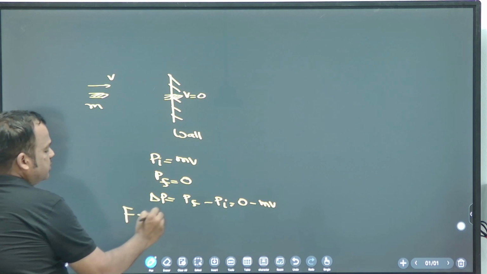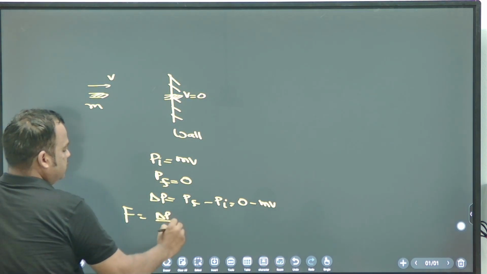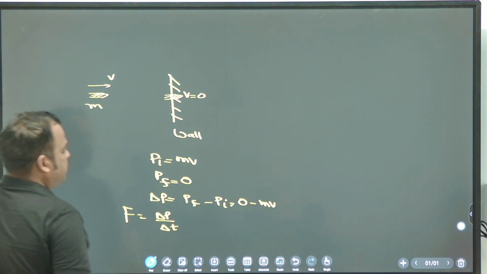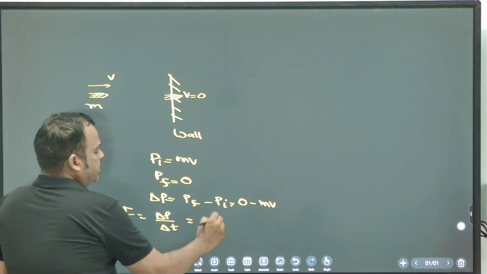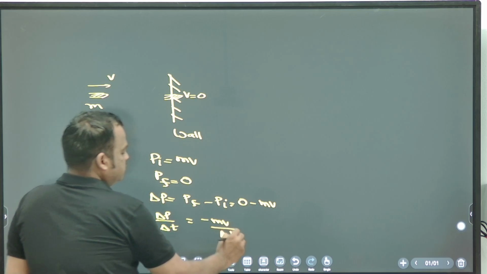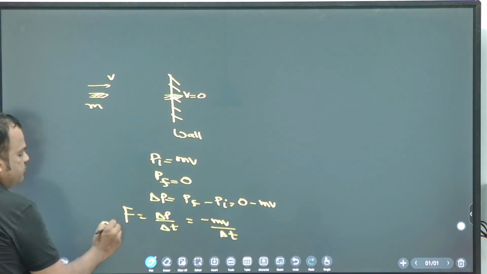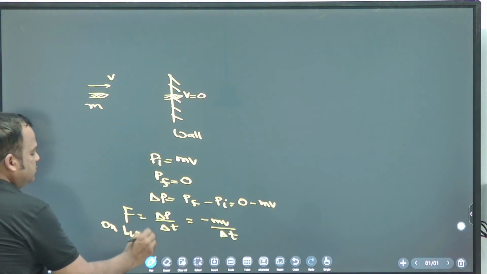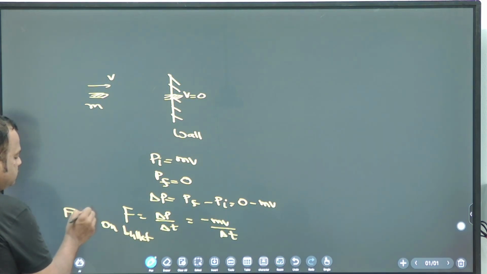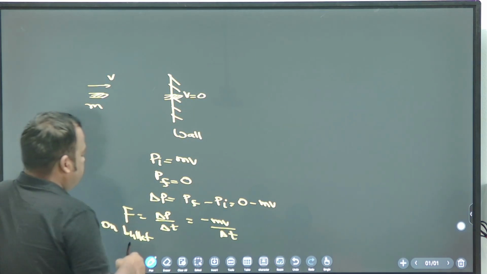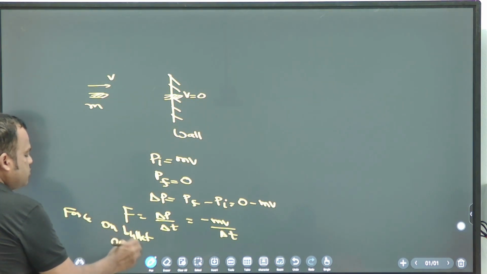So force is equal to delta P by delta T, correct? So minus mv by delta T. This is the force on one bullet.